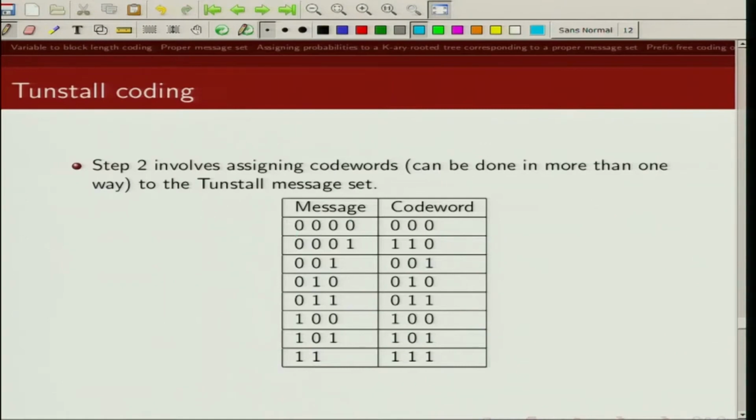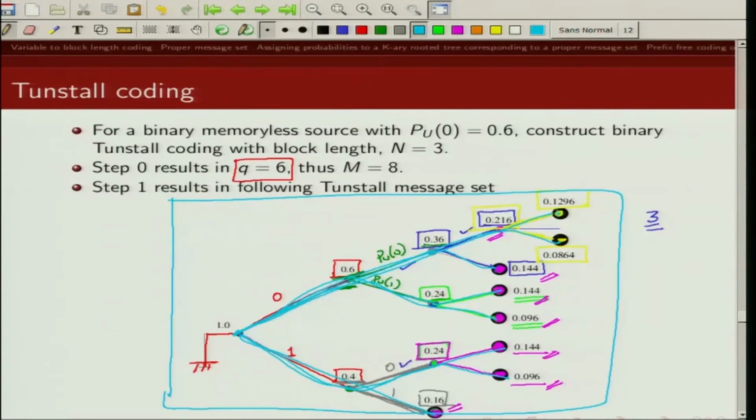Then I can write out those parsed messages. You can see, for example, this one corresponds to 0, 0, 0, 0. This corresponds to 0, 0, 0, 1. This corresponds to 0, 0, 1. This one corresponds to 0, 1, 0. This corresponds to 0, 1, 1. This one corresponds to 1, 0, 0.